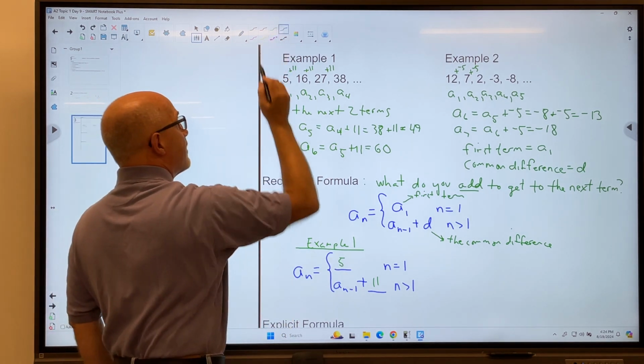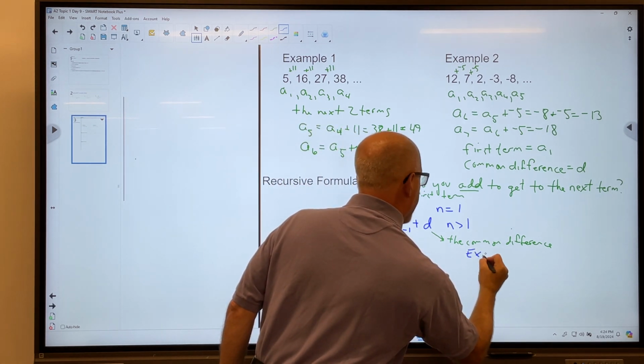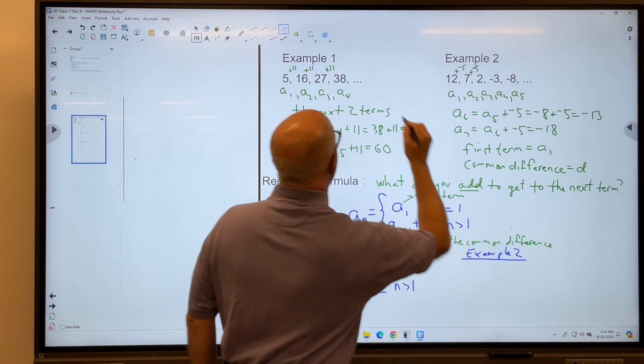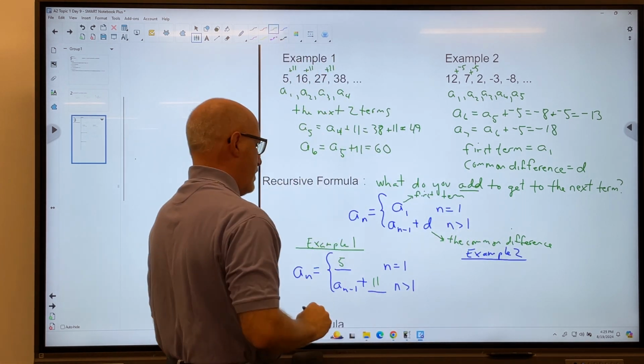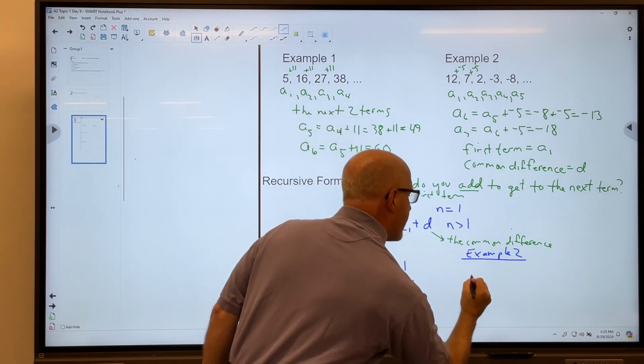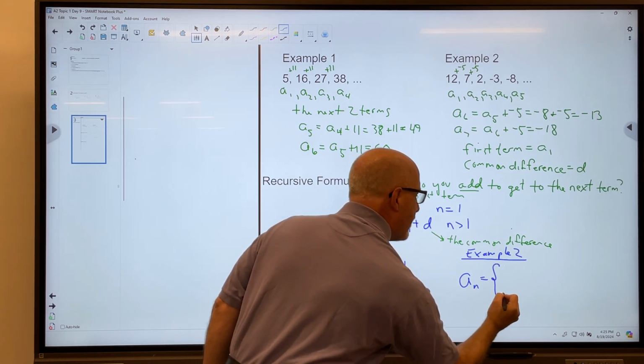Let's do the same thing for example 2. Okay, so for example 2 here, we're going to go ahead and write out our formula. A sub n equals, two levels to it.